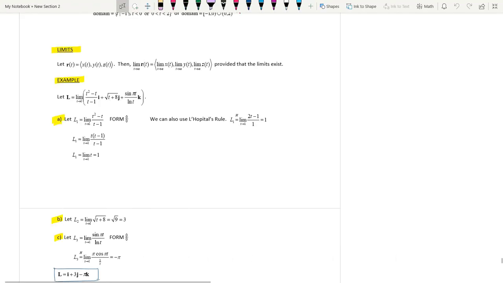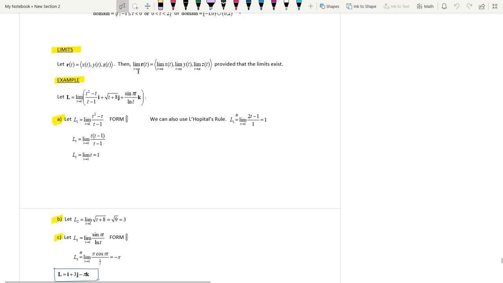In calculus 1, you learned how to find the limit of a function, but now we will learn how to find the limit of a vector function. Suppose you have a vector function r of t equals x of t, y of t, z of t, and we want to find the limit at a.